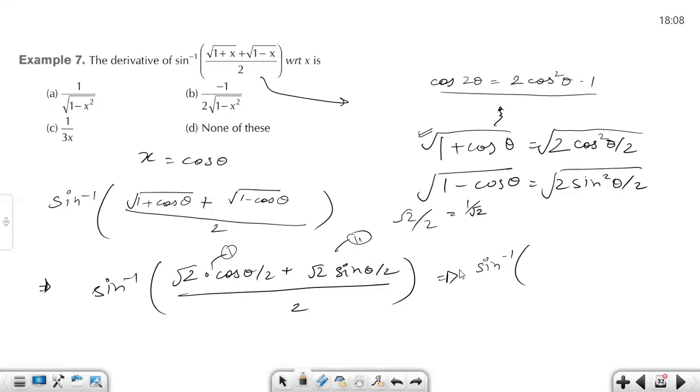So it will become 1 by root 2 into cos of theta by 2 plus 1 by root 2 into sine of theta by 2.